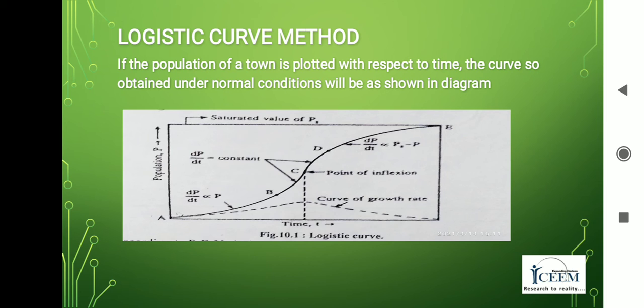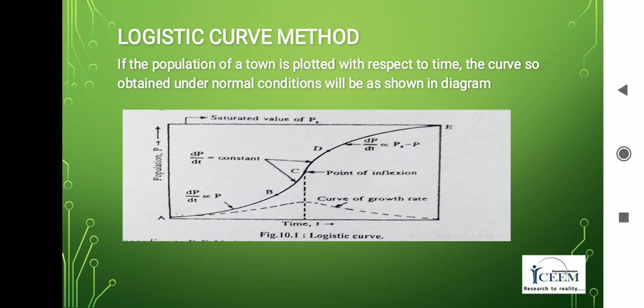The S-shaped curve ABCD is called the logistic curve. This is an approximate method of forecasting population.